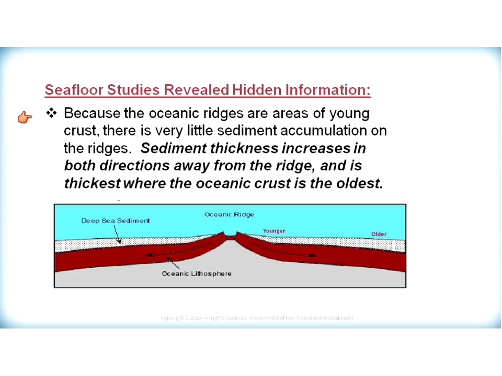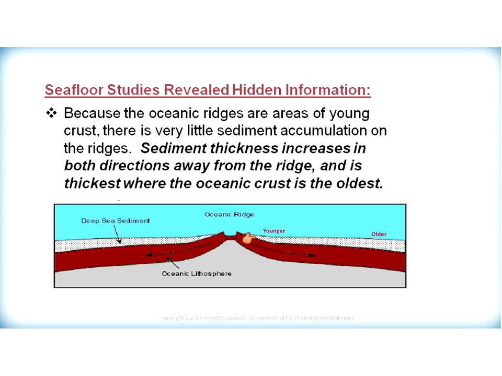Because the oceanic ridges are areas of young crust, there is very little sediment accumulation on the ridges. Sediment thickness increases in both directions away from the ridge, and is thickest where the oceanic crust is the oldest. So if we refer to the diagram below, if we look directly at the location of an oceanic ridge where it forms, we notice that we have very little sedimentation on top of or adjacent to each ridge.